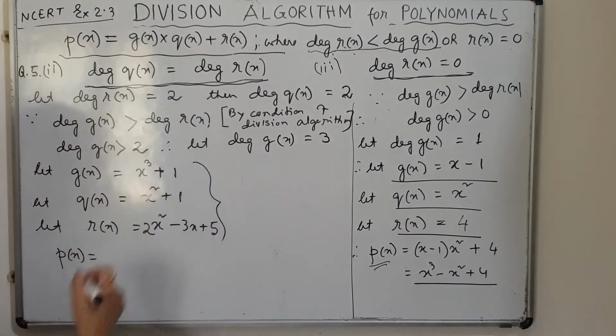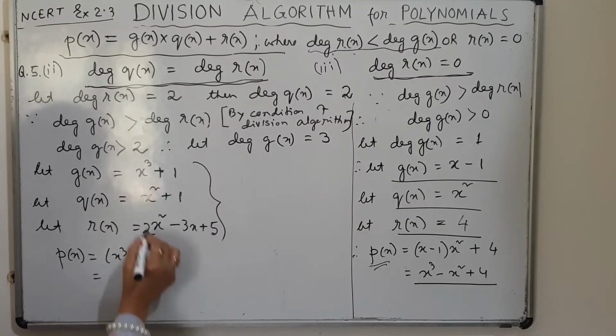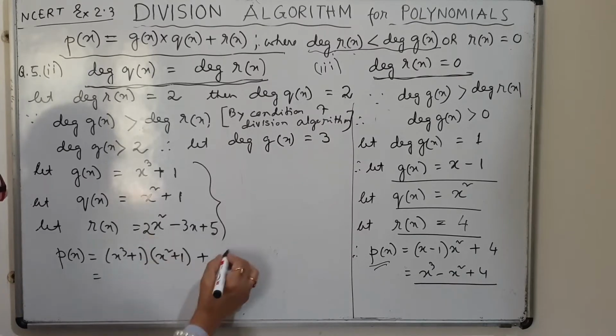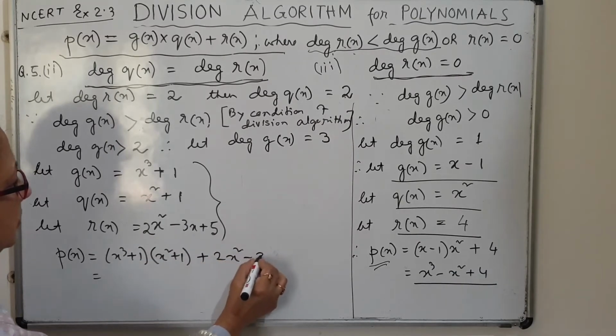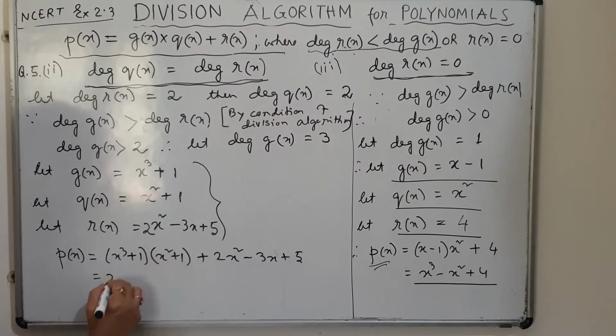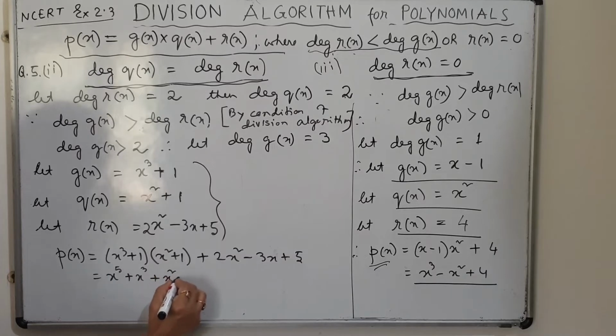g(x) into q(x): g(x) is x cube plus 1 we have chosen, q(x) is x square plus 1, plus r(x) is this one, 2x square minus 3x plus 5. So you have to multiply this into this: x to the power 5 plus x cube plus x square plus 1. This is the multiplication of these two factors.